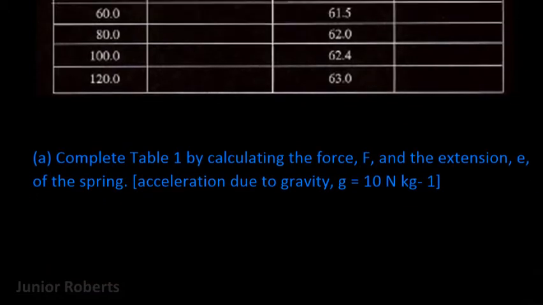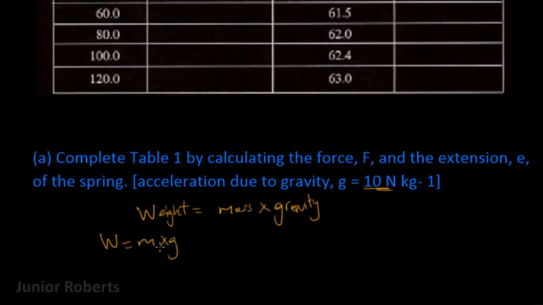I will write that the weight is equal to mass multiplied by the acceleration due to gravity, which in this case we're told is 10 newtons per kilogram. So in simpler form, weight W is equal to mass times gravity.